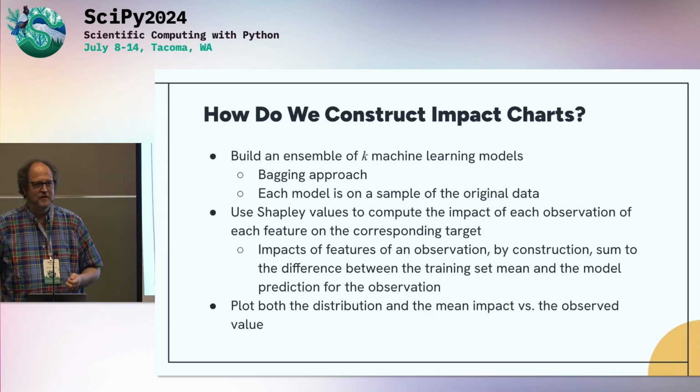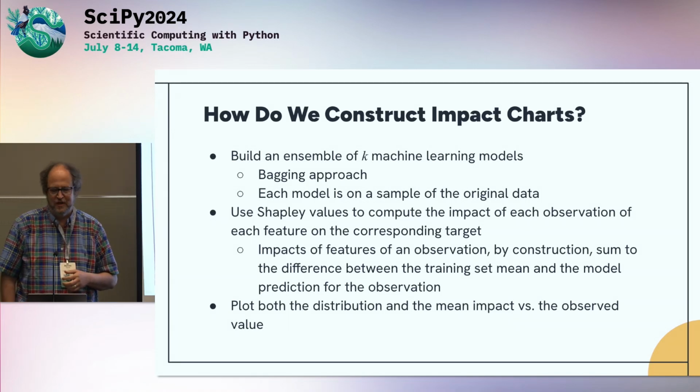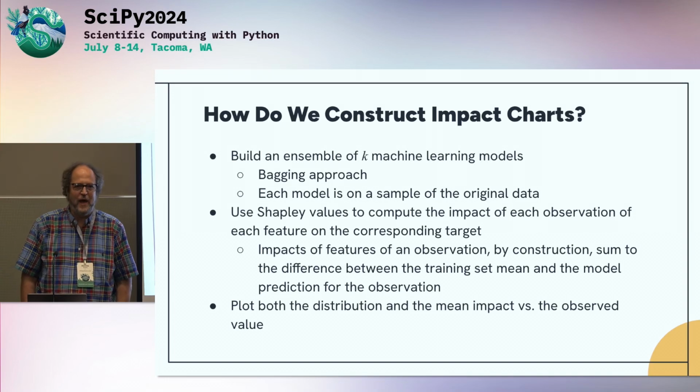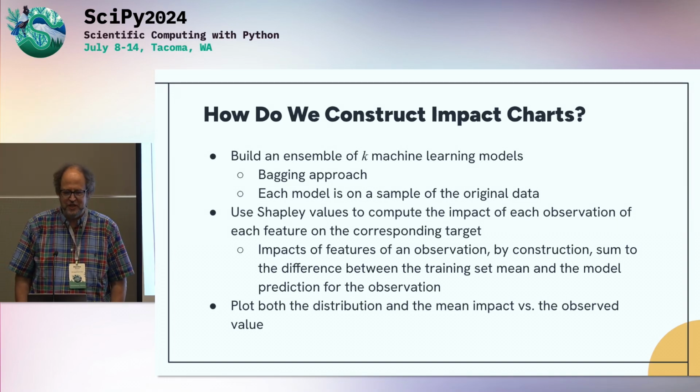So, super simple explanation for those familiar with interpretable machine learning. We're bagging Shapley values. But the longer-winded explanation, which I'll go through in the next few slides, is we're going to build a series of independent machine learning models.